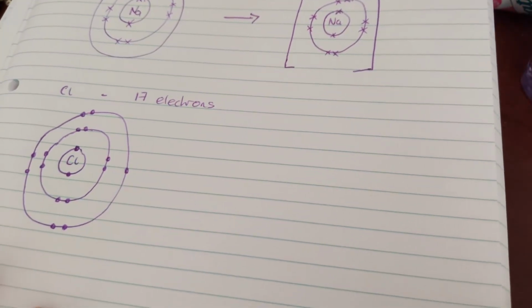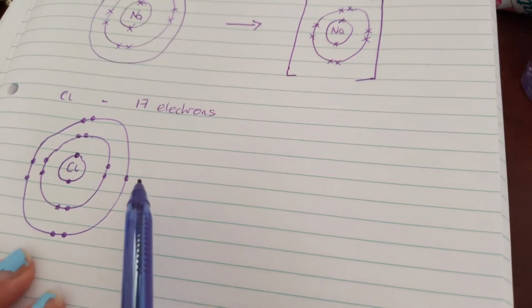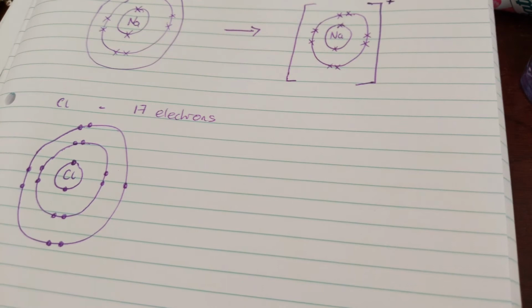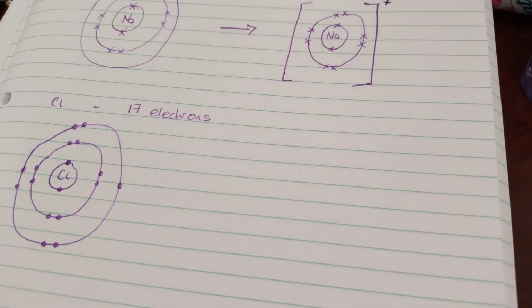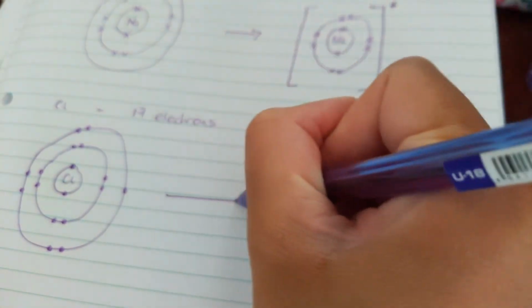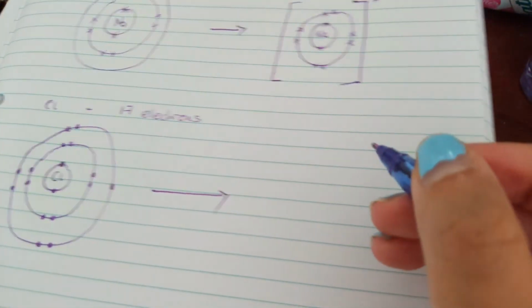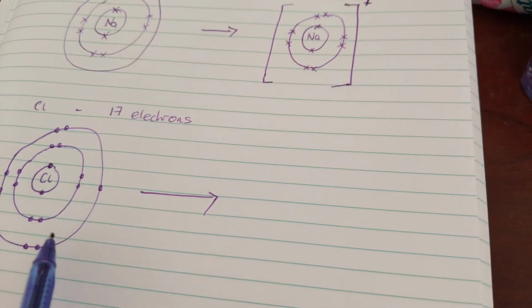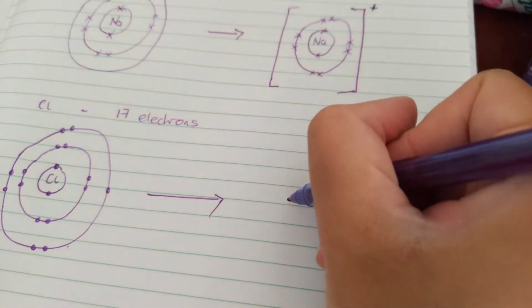Now, because it's got 7 electrons in its outer shell, in order to get a full outer shell and make an ion, which is more stable than the element is on its own, we're going to gain 1 electron. So all we need to do this time is draw out the atom exactly as it is first off.